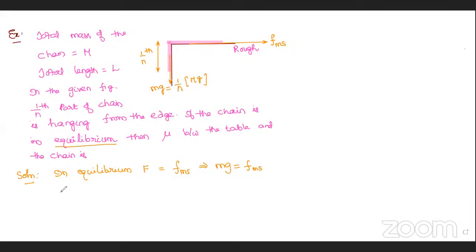This small mg I already calculated here. This is 1 by nth of the total weight, mg, equal to Fms. We can write it as mu s into N. Okay, that N, I'm leaving to you. Anybody try to answer this? What is the normal reaction here? Does the normal reaction act on the total part of the chain, or the part hanging, or the part on the table?